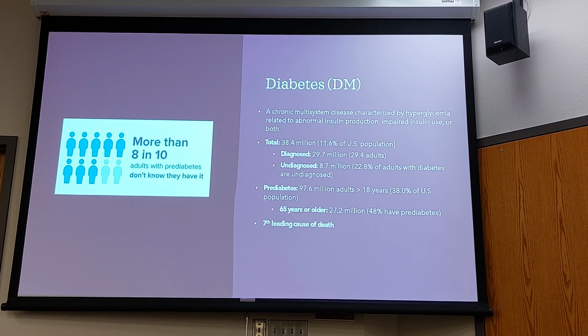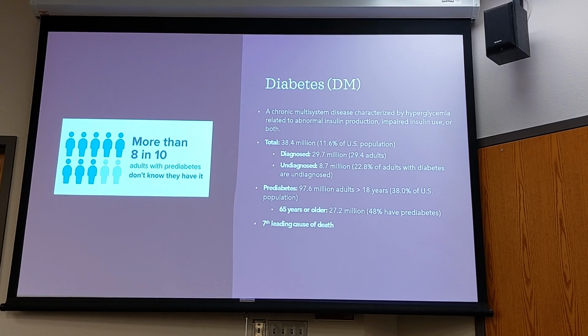38.4 million, and I like this in percentages because then you have to know, well, what is our population? How big is that? 11.6% of the US population in total have either diagnosed or undiagnosed diabetes. What's alarming here is that 22.8% of adults with diabetes are undiagnosed, walking around, maybe have an idea, maybe they don't know.